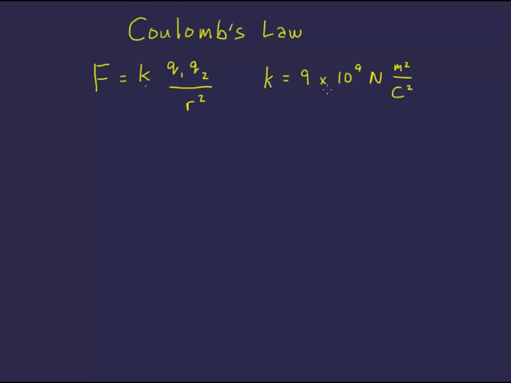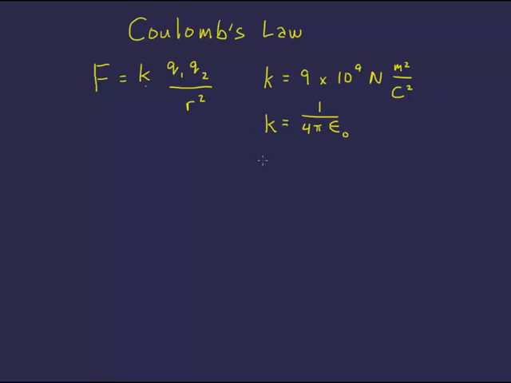This is a universal constant, so it never changes in the formula. One thing is that sometimes this K is written a little differently. It's written like this in terms of a different constant. It's 1 over 4 pi times what we call epsilon naught. And epsilon naught is an important electrical constant.